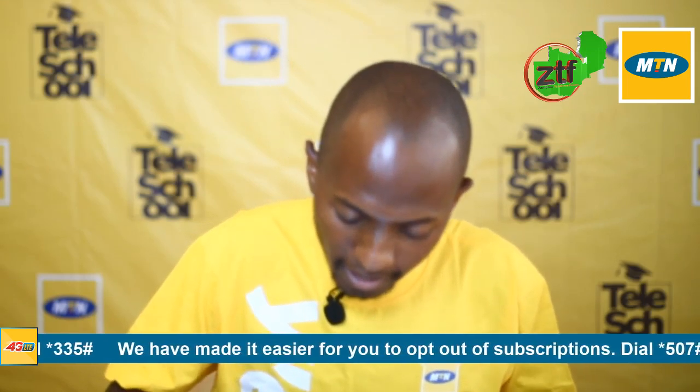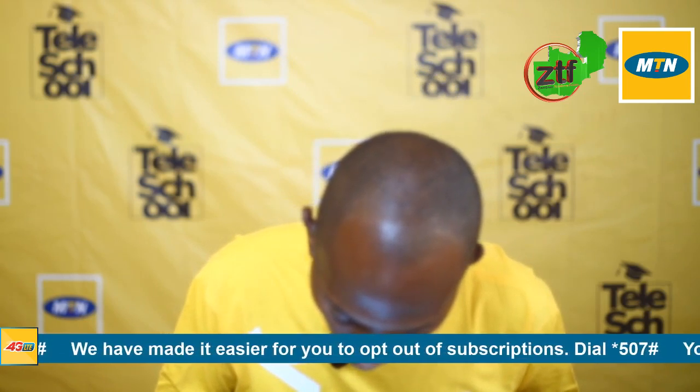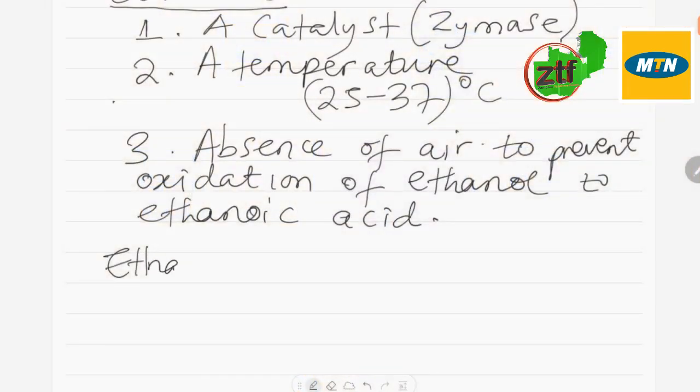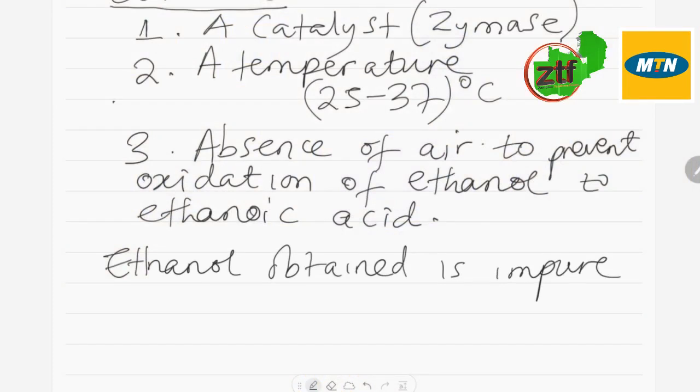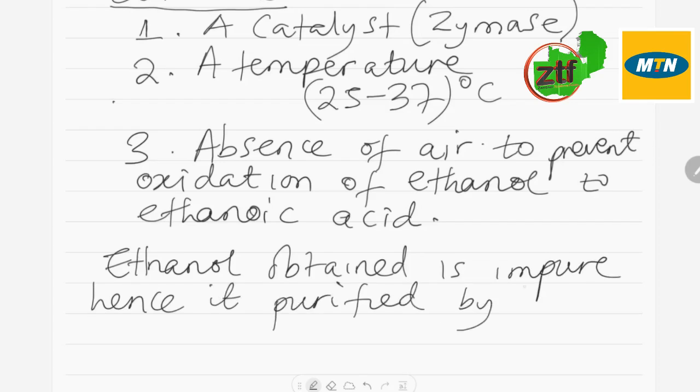So in this case, the ethanol obtained is impure, hence it's purified by fractional distillation.